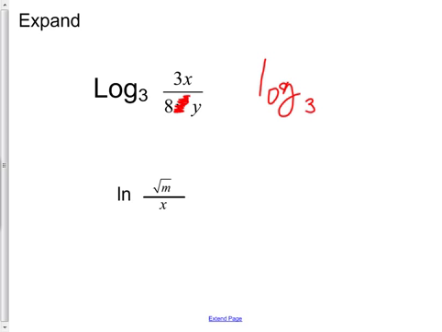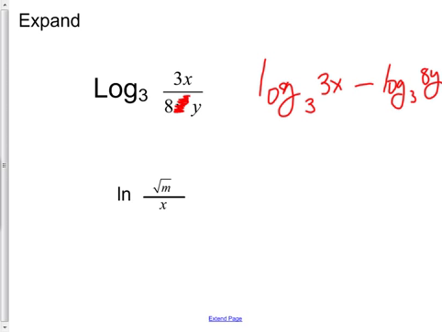Log base 3 of 3x minus log base 3 of 8y. You get that? I just changed the big divide into a subtract. You can do that. That's the quotient rule.